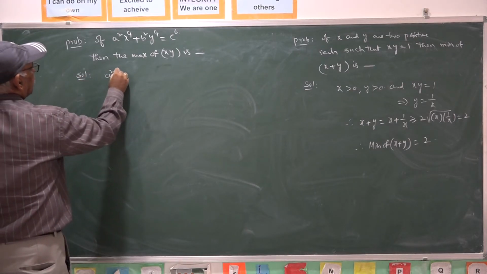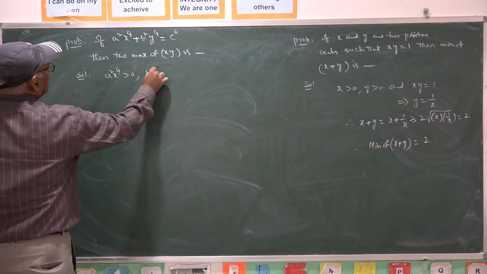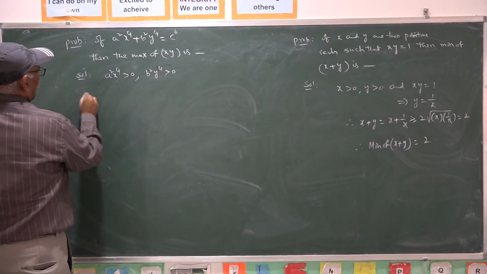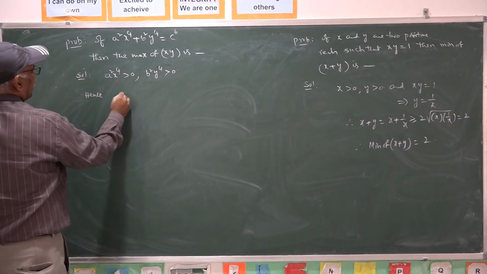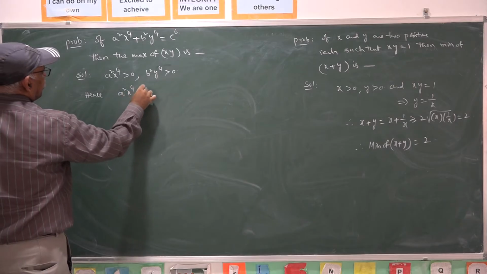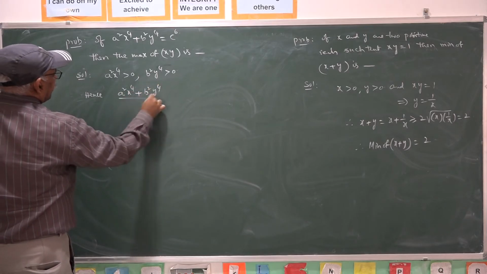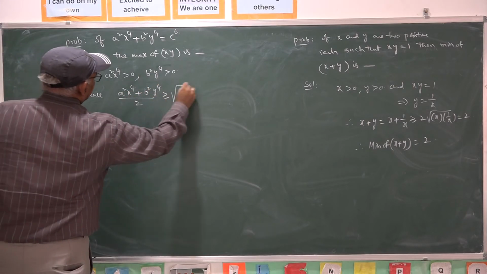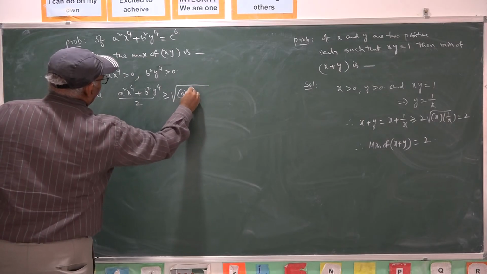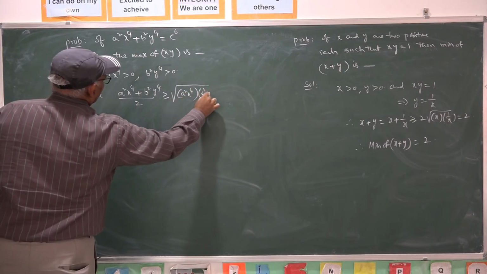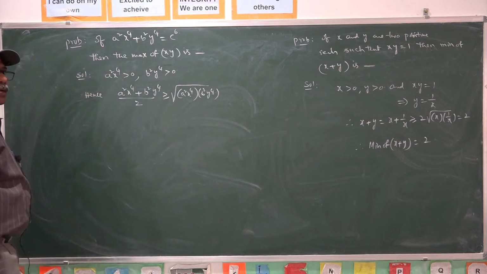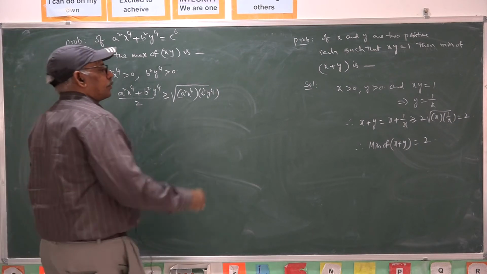a square x power 4 is positive and b square y power 4 is positive. Hence, a square x power 4 plus b square y power 4 by 2 is greater than or equal to their geometric mean, the square root of a square x power 4 into b square y power 4.